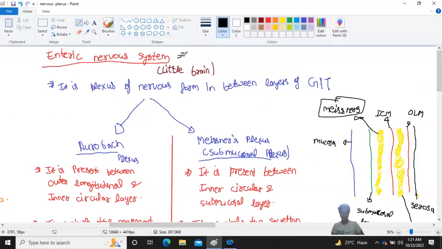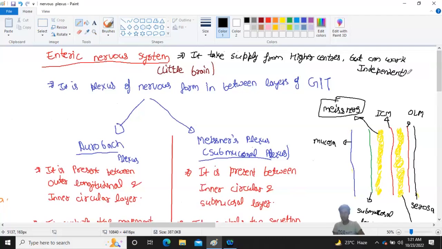Let's write it here. It takes supply from higher centers, but can work independently. Done. So this is the enteric nervous system.